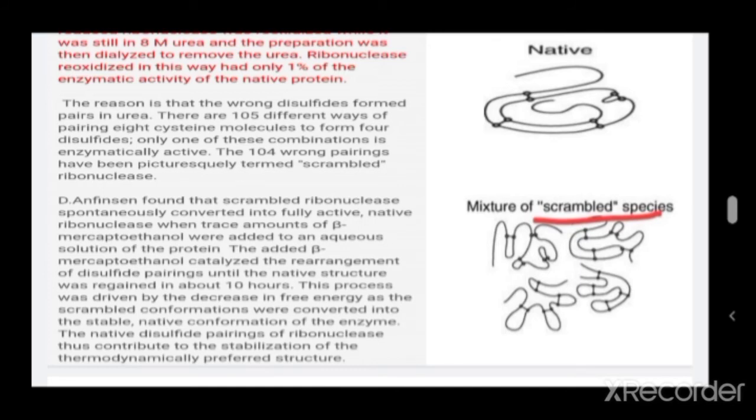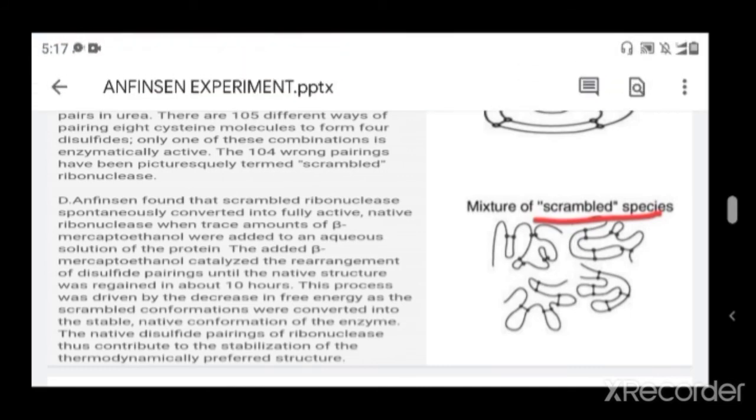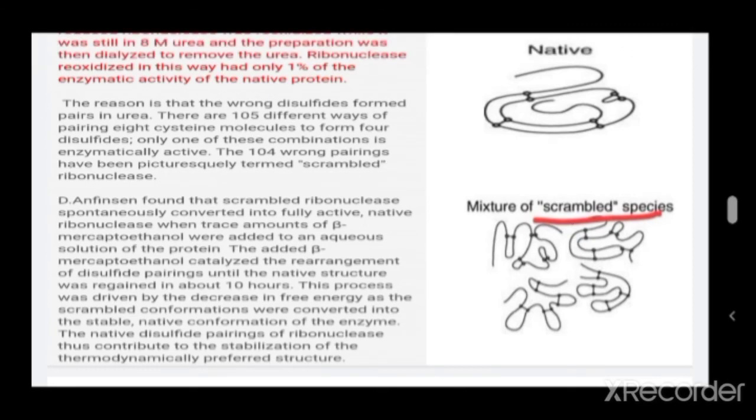The added beta-mercaptoethanol catalyzed the rearrangement of disulfide pairings until the native structure was regained in about 10 hours. And this process was driven by the decrease in free energy as the scrambled conformations were converted into the stable native conformation of the enzyme. So the native disulfide pairing of ribonuclease thus contributes to the stabilization of the thermodynamically preferred structure.